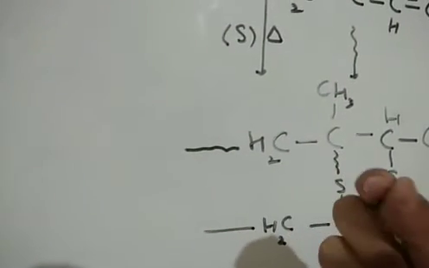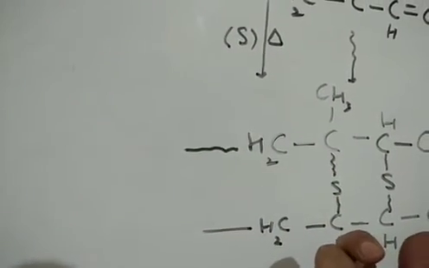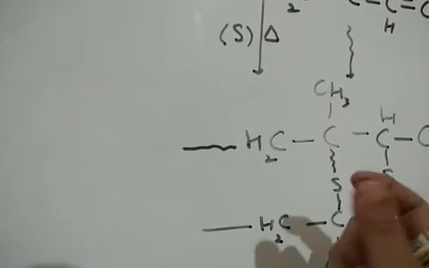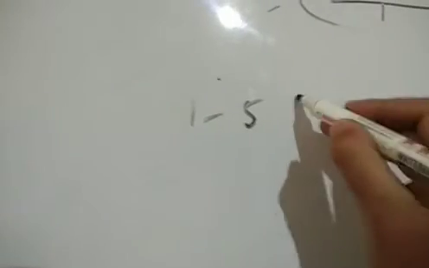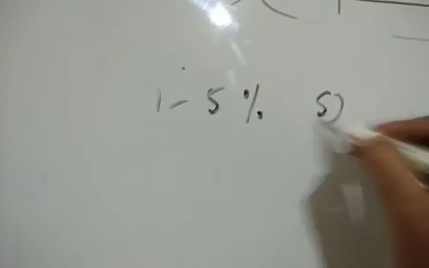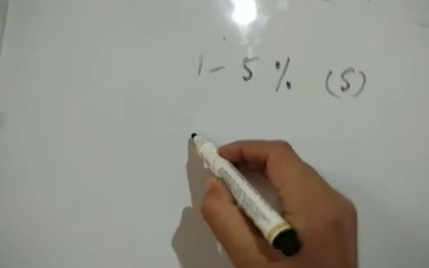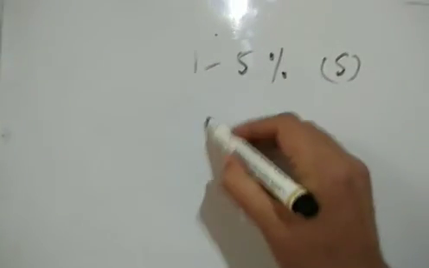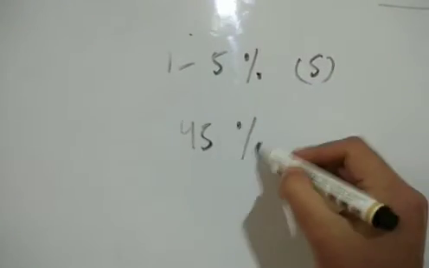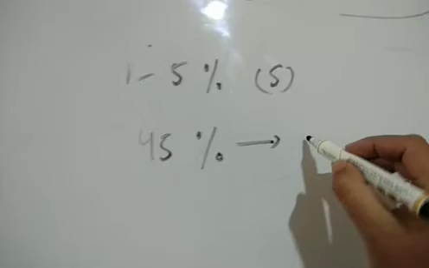Now in vulcanization, it depends on how much sulfur we introduce. If it gets vulcanized in presence of 1 to 5% of sulfur, it has a different property. If it gets vulcanized up to 45% also, in this case it becomes more hard.